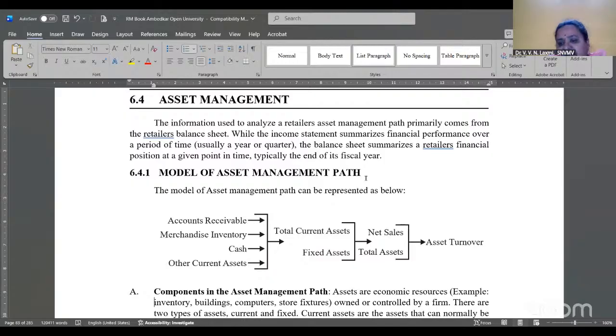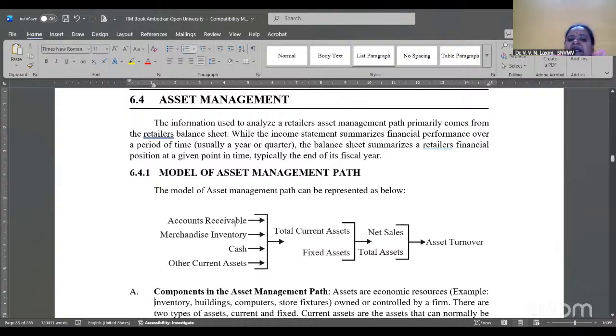For example, inventory. The retailer will be able to sell his merchandise and he can generate cash from that particular merchandise. So a current asset example is the merchandise that is carried by the retailer. A fixed asset example could be the building or any other type of immovable, physical thing that is carried by that particular retailer.